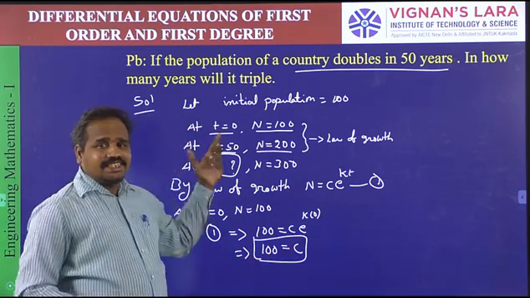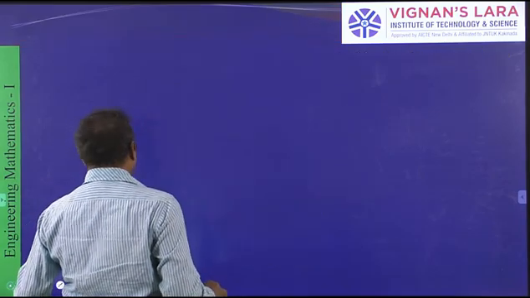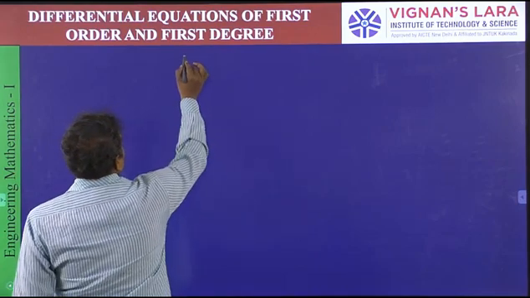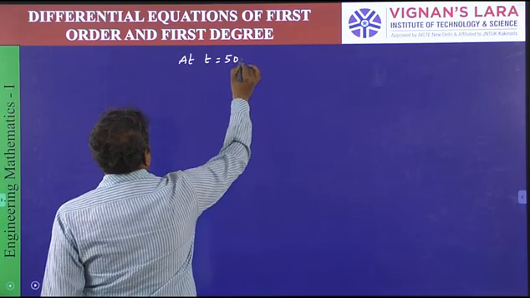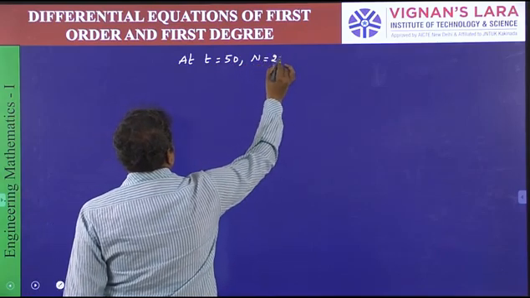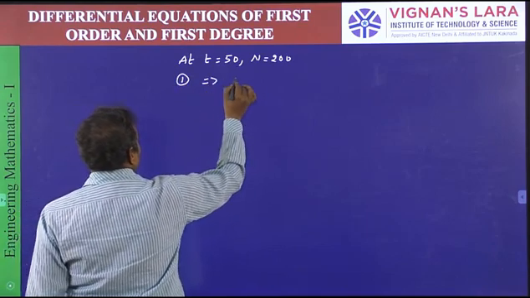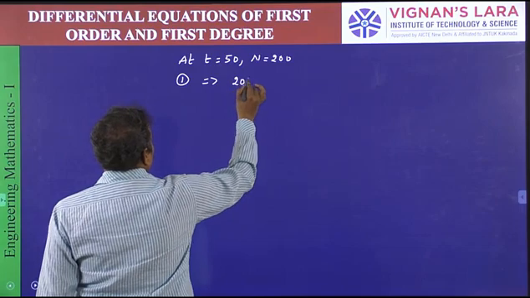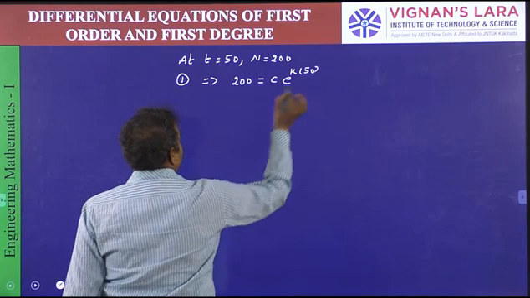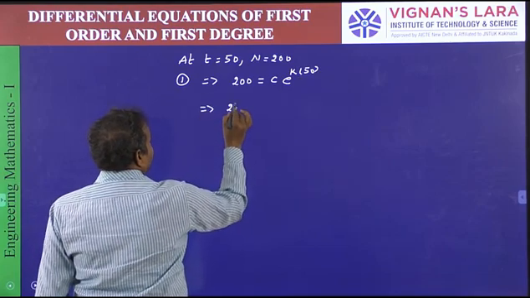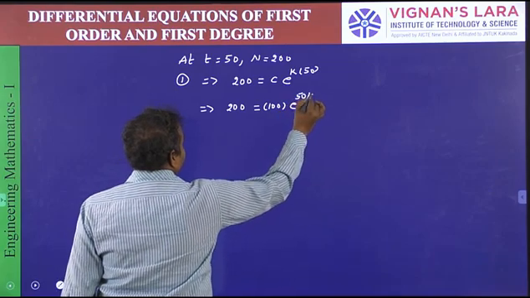Now we use the second condition. At t is equal to 50, N value is 200. From 1, N is equal to C into e power k into t value 50. We already know the value of C, which is 100, so 200 is equal to 100 e power 50k.